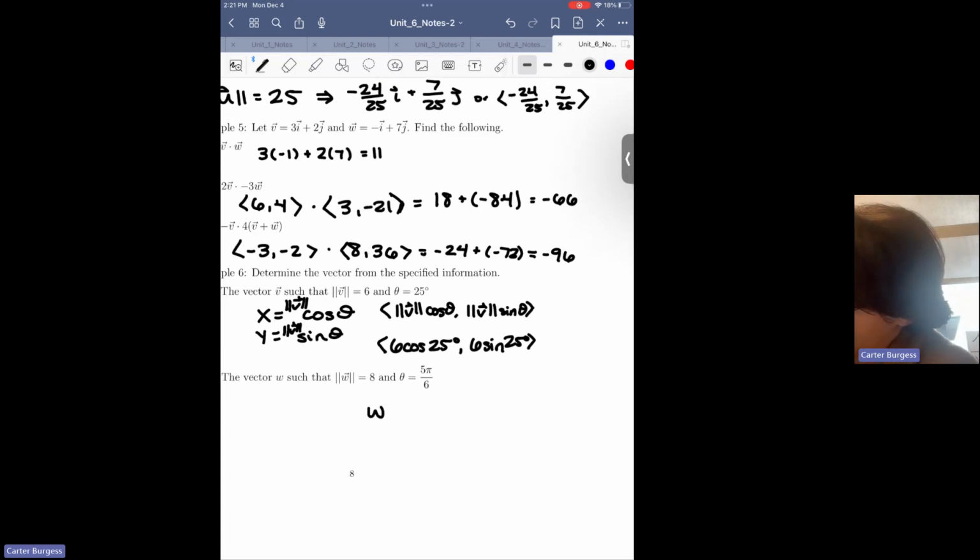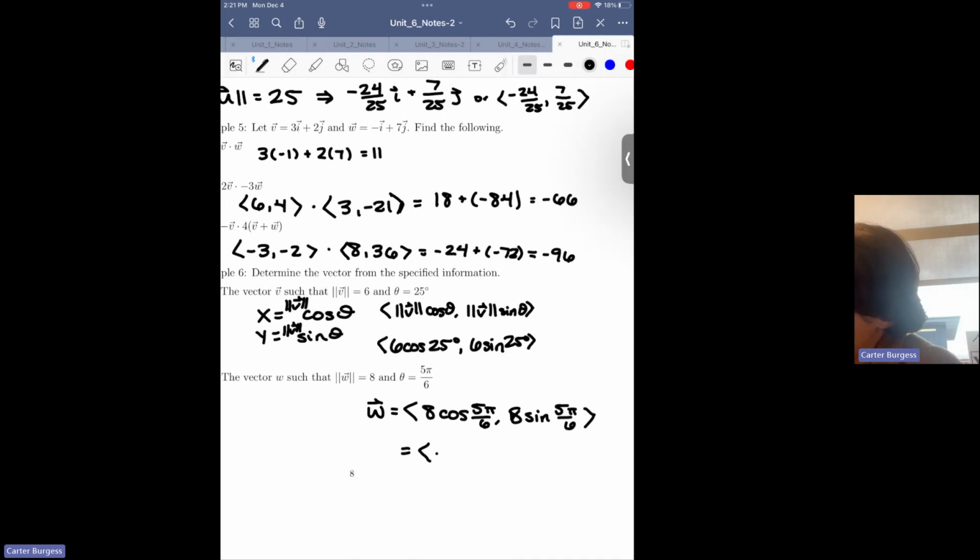In this case, w would be r cosine of theta, r sine of theta, and we can actually evaluate cosine of 5 pi over 6 and sine of 5 pi over 6. This is just going to be negative 4 root 3 and 4.